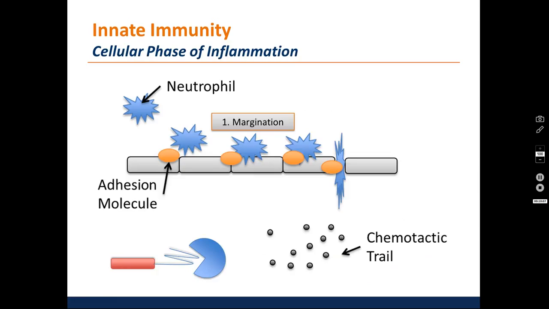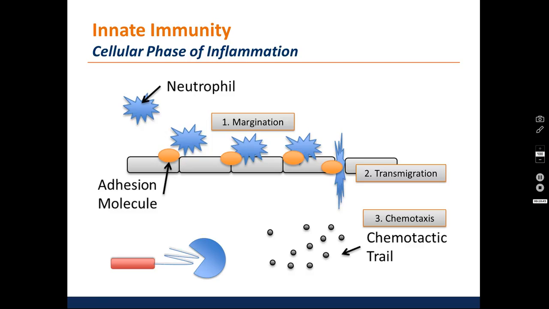And so our neutrophil shifting from the vessels to the tissue might look something like this, where a neutrophil inside of the blood will adhere to the epithelial lining of the vessel, called margination. And this margination is simply that the neutrophil sticks to the epithelial lining, and as it moves along, it transmigrates, which means it goes through the epithelial lining until it finally reaches the chemotactic trail, which is the trail from the injured blood vessels.